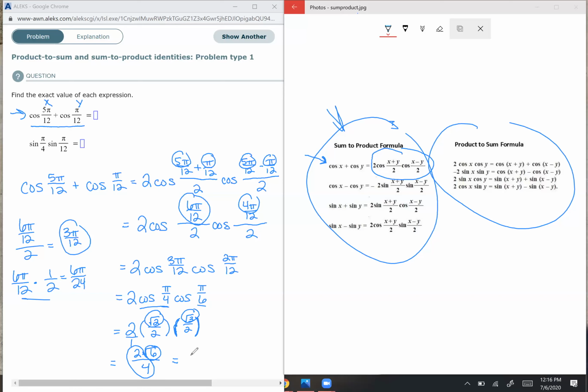You can divide both of those by 2. On top, you would just get 1 root 6, so we'll just say root 6 over 2. So you guys, this would be your exact answer for this first problem here. Now, I'm going to clear that work, and then we're going to do the next problem.